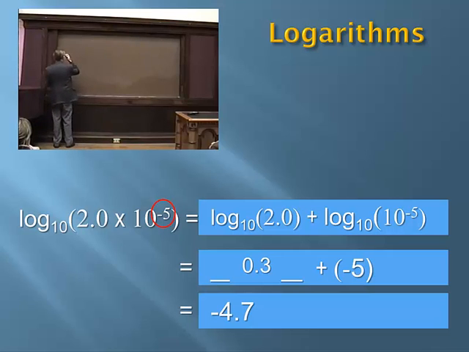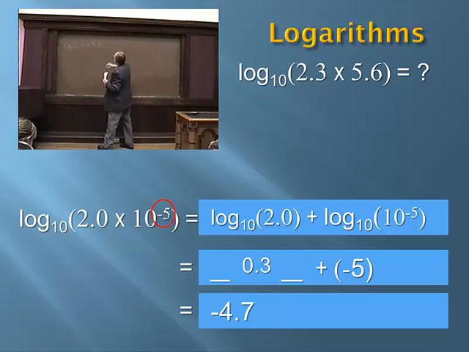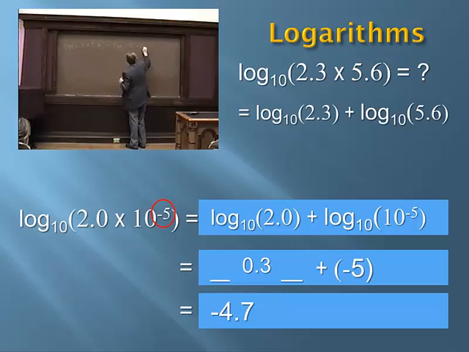Let's say I want to multiply 2.3 times 5.6. I want to know what the logarithm of that product is. Well, that's the same as the logarithm of 2.3 plus the logarithm of 5.6.